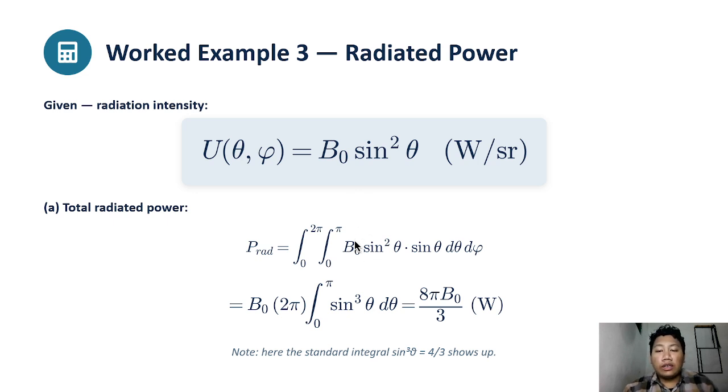The integral of sin cubed theta equals 4 over 3. Working it through, the total radiated power comes out to 8 pi B naught over 3 watts. So that's the standard integral, since 4 over 3 shows up.